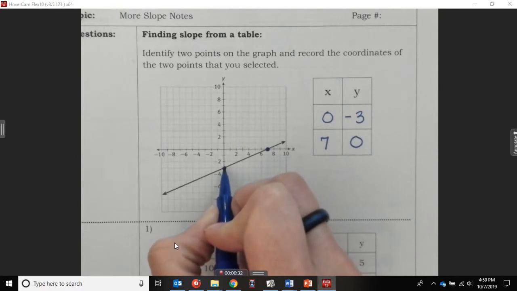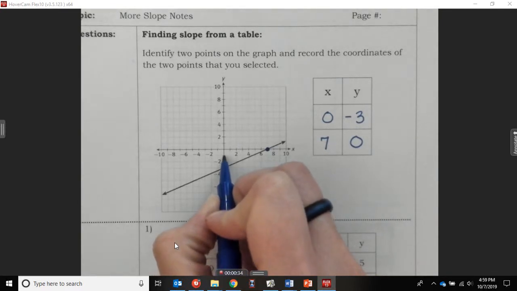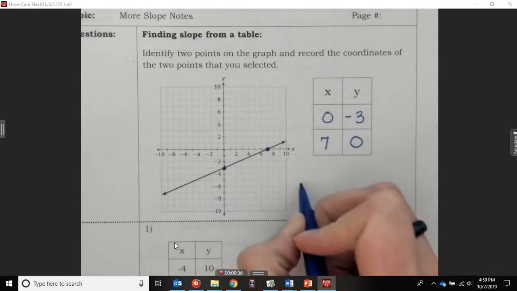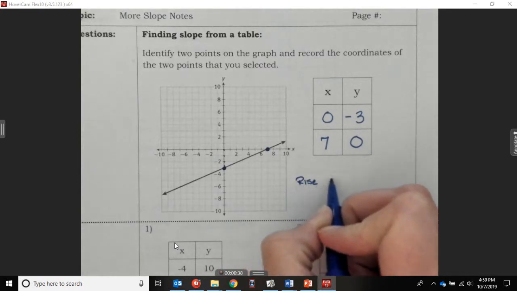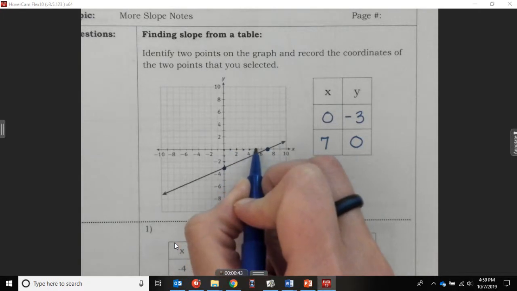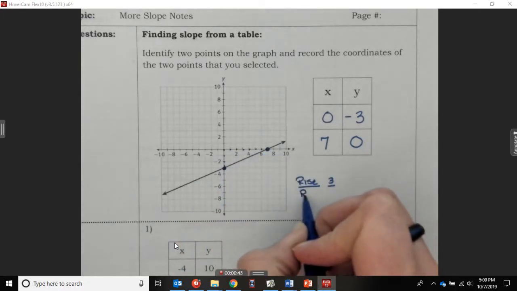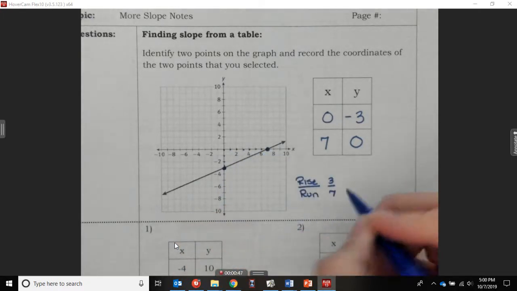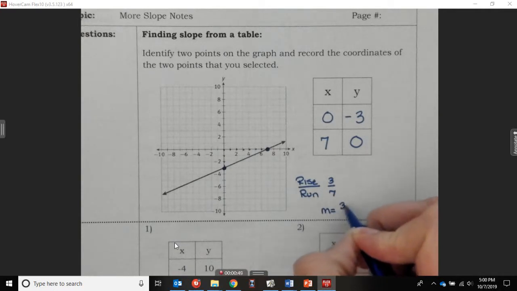To find the slope from a graph, I'm going up 1, 2, 3, which is my rise. I rise 3. And then I run 1, 2, 3, 4, 5, 6, 7. So my slope is 3/7.